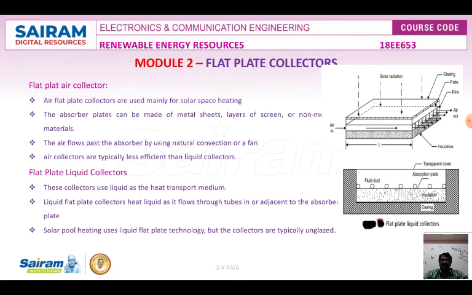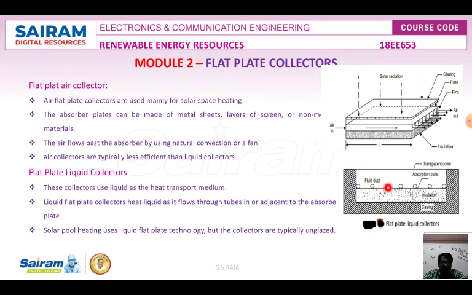This is the diagram for the flat plate liquid collector. Here there is a fluid duct, an absorption plate and a transparent cover, and below is the insulation, and this is the casing. The casing avoids the heat being dissipated outside, and the insulation is also used as a back case for support. The fluid duct is used in water heating systems to carry the liquid.